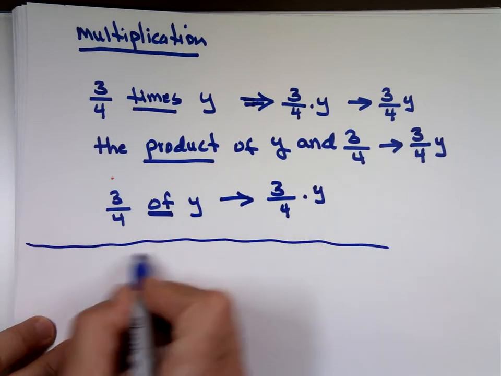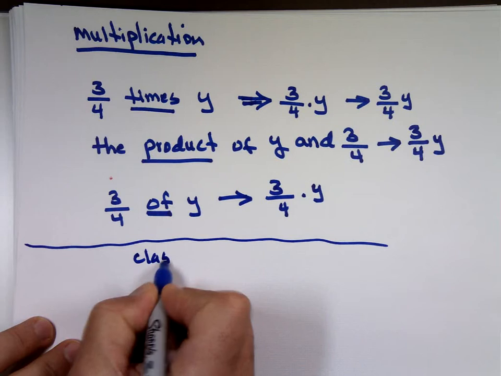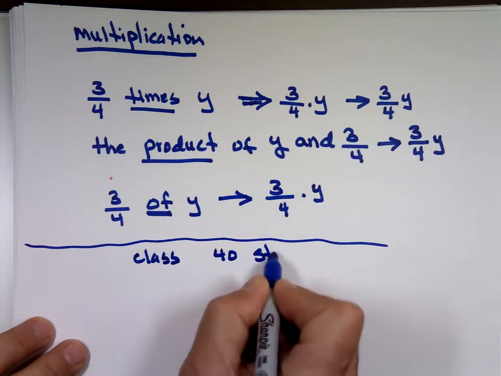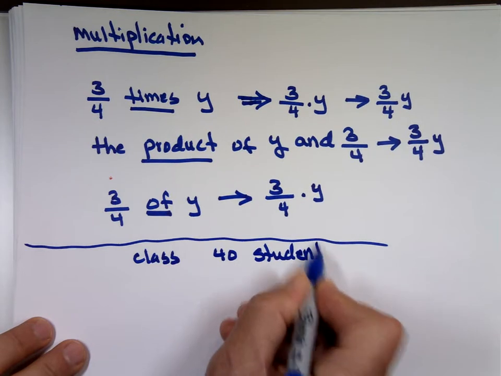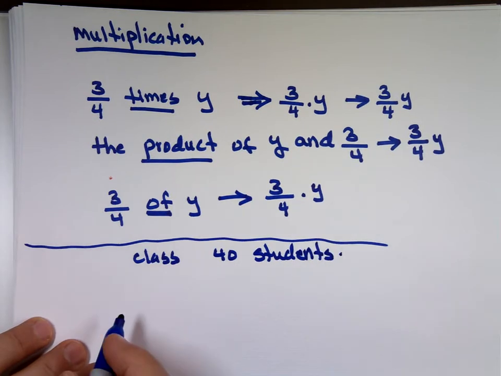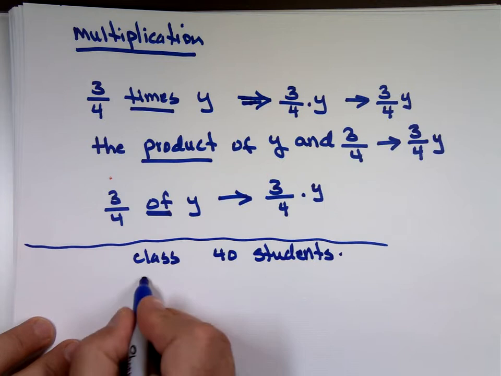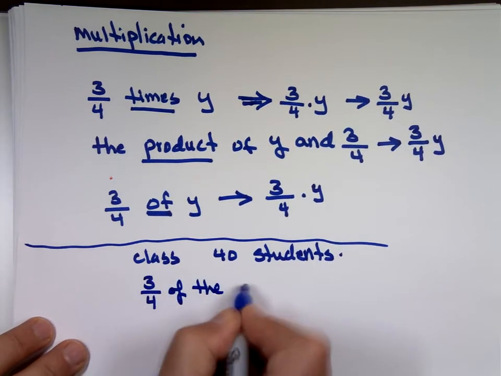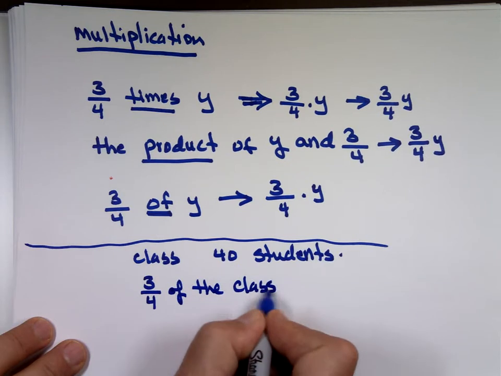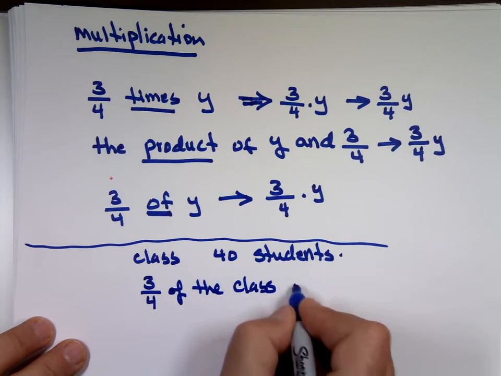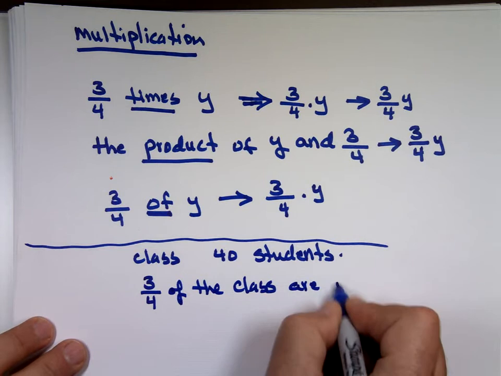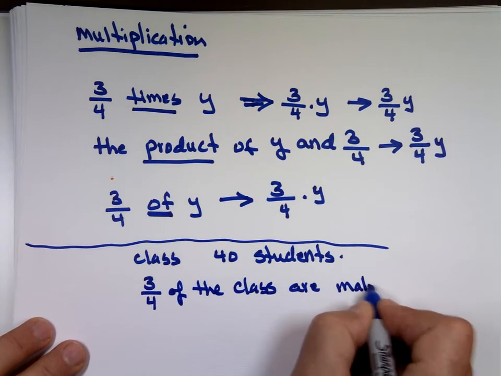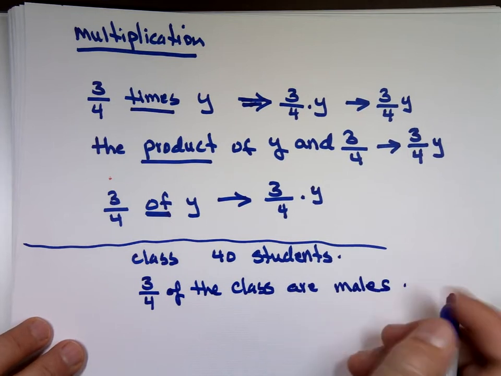An example of the of there, if I said I have a class that has 40 students in it, three-fourths of the class are what? Males. I'm looking at this class, there's more men than ladies. 3/4 of the class.